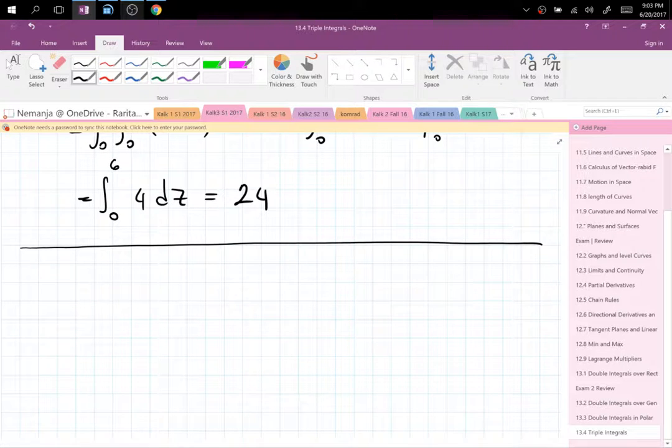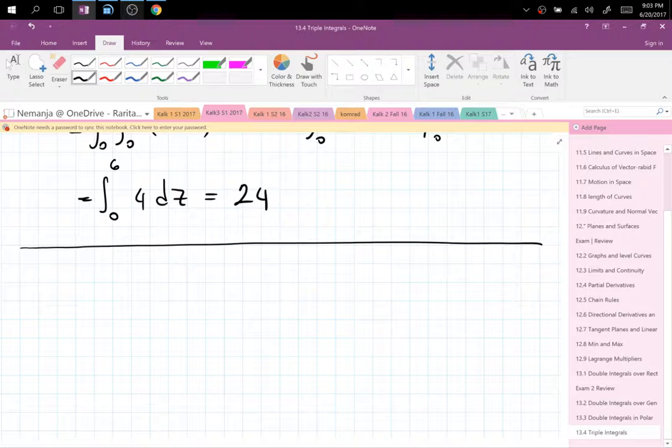The next order of business is to take a look at a more complicated shape. So let's take a look at two shapes intersecting.